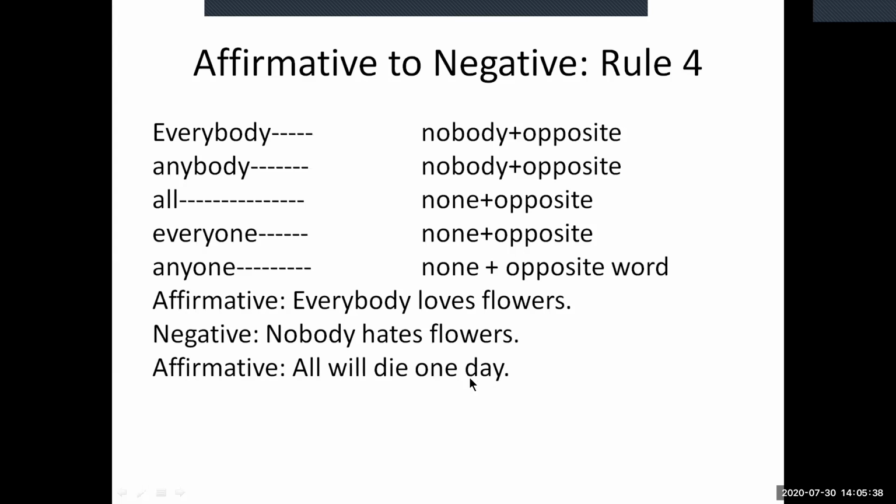So in this case, I need to think a bit deeper and think about what can really be opposite for one day. Really, it will be forever. And the negative will be, none will live forever. I think you have got my point that the opposite of one day is forever and the opposite of die is live. So die one day will be replaced by live forever.